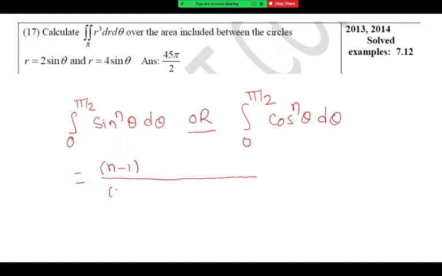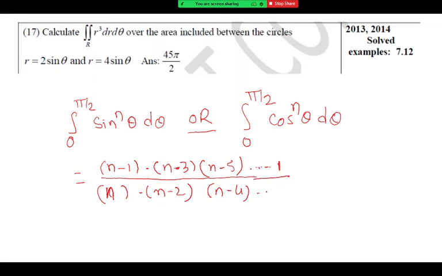Then subtract 2 from n minus 1, which becomes n minus 3, and subtract 2 from n, which becomes n minus 2. Again subtract 2, giving n minus 5 over n minus 4, and so on. Keep subtracting till you get 1 or 2. Sometimes 2 will be in the numerator and 1 in the denominator. It depends on even and odd.